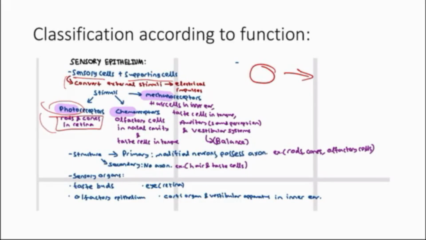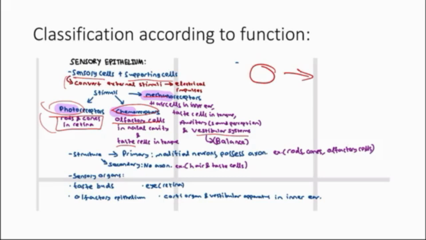There are chemoreceptors, for smelling, like olfactory cells in the nasal cavity, and taste cells in the tongue. And mechanoreceptors, like the hair cells in the ear to hear, and also the vestibular system, so balance as well. Some taste cells can also have mechanoreceptors.